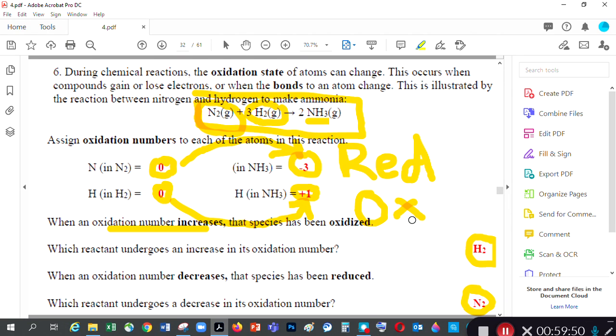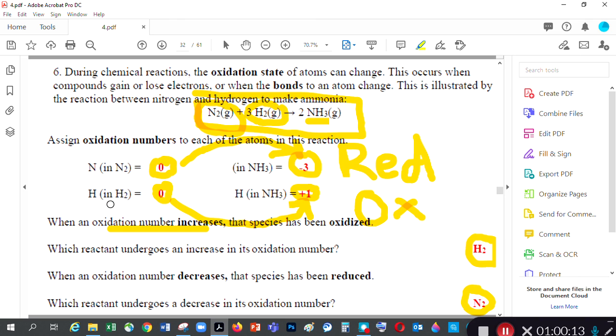But the question here is, which one is an oxidizing agent, and which one is a reducing agent? Ask yourself, what does nitrogen do to hydrogen? It turns out nitrogen is forcing hydrogen to be oxidized from 0 to +1. So nitrogen is an oxidizing agent.